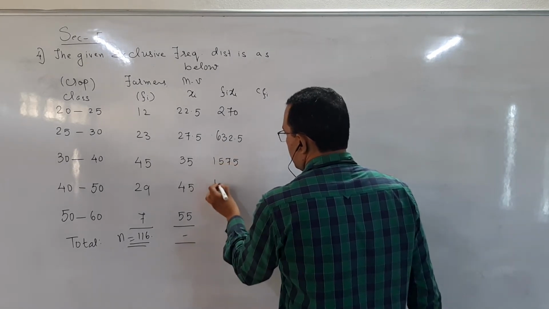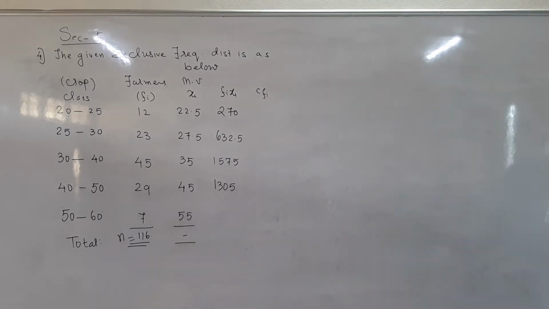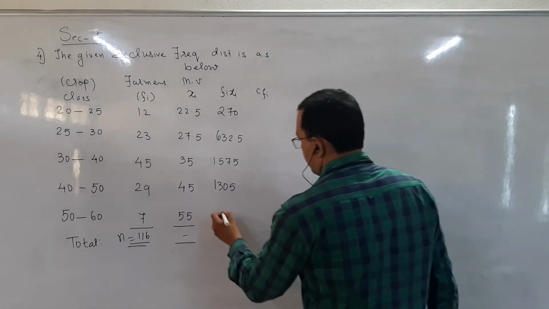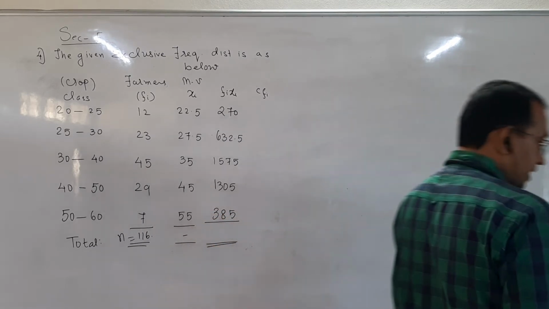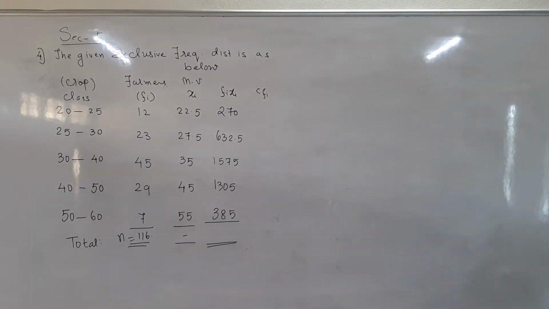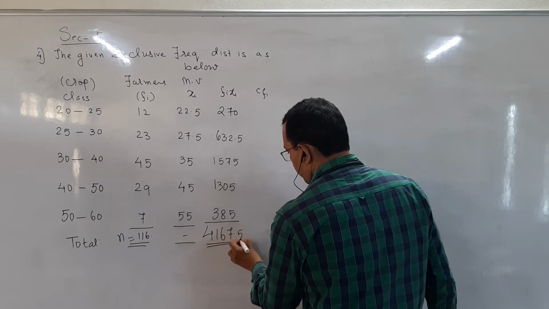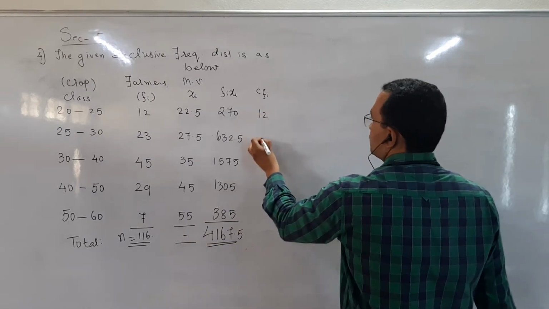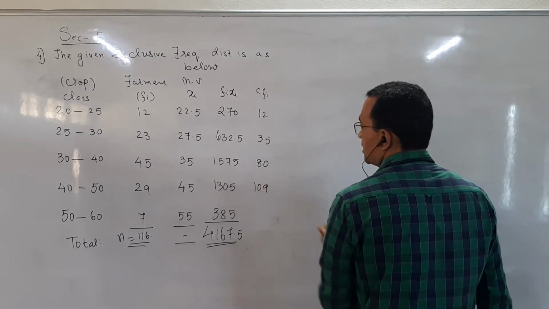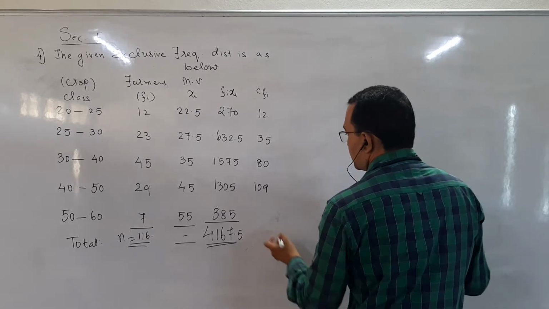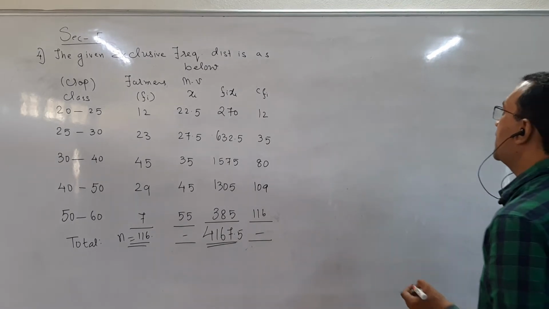Then this is 1305. And students, the last is 385. And when I total fixi it comes out to be 4167.5. CFI: 12 plus 23, 35 plus 45, 80 plus 29, 109 plus 7, 116. We do not total cfi.